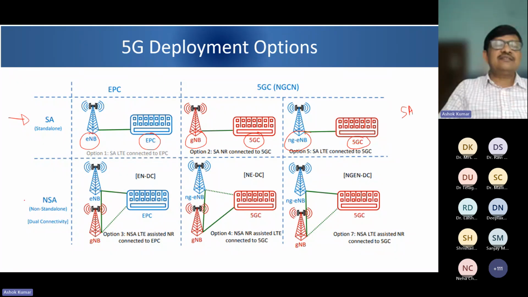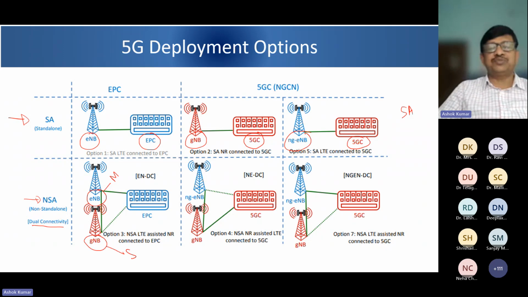In the NSA mode, that is non-standalone, or you can also call it a dual connectivity mode, first is option 3. In option 3, eNodeB is master. This is the master BTS and this is the slave BTS.